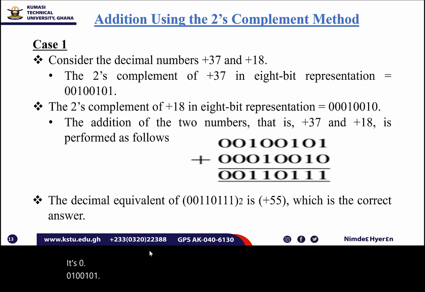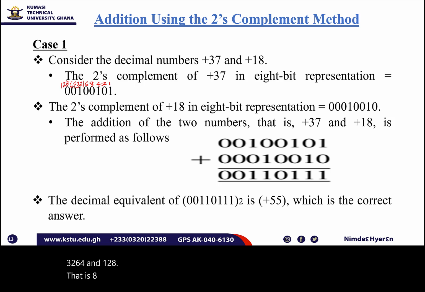Here, each binary digit position means we have 1, 2, 4, 8, 16, 32, 64, and 128. That is 8-bit.